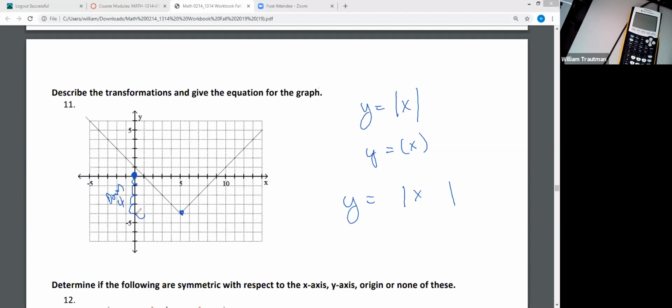Then we went 1, 2, 3, 4, 5. We went to the right 5. Down 4 means you put a -4 on the outside. Remember, a minus on the outside means we go down 4. And to the right 5 is a -5.